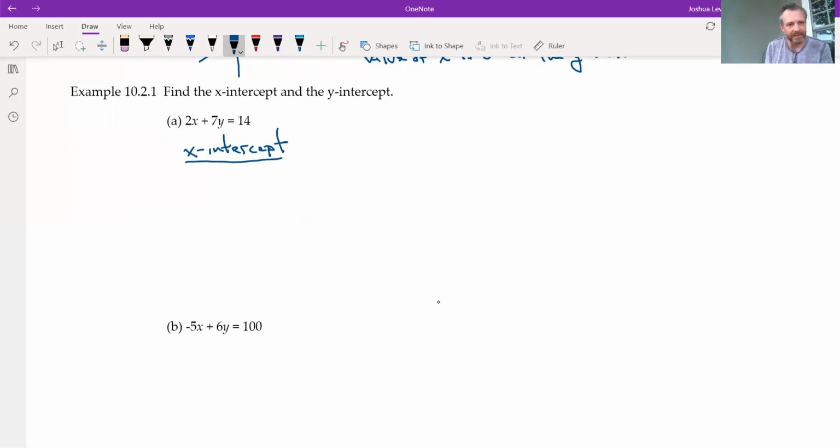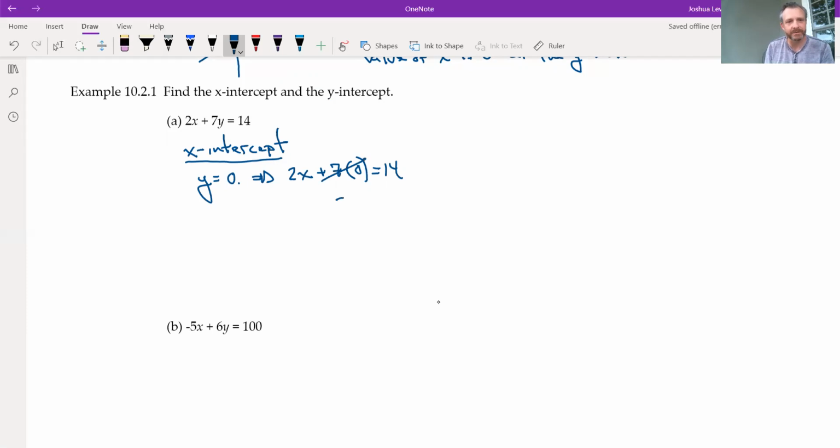So if I'm at the x-intercept, then y is equal to 0. Well, if I know what y is, then this equation that used to be 2 variables is now just 1 variable. See, I'm plugging in 0 for y. So my y term is gone, right?